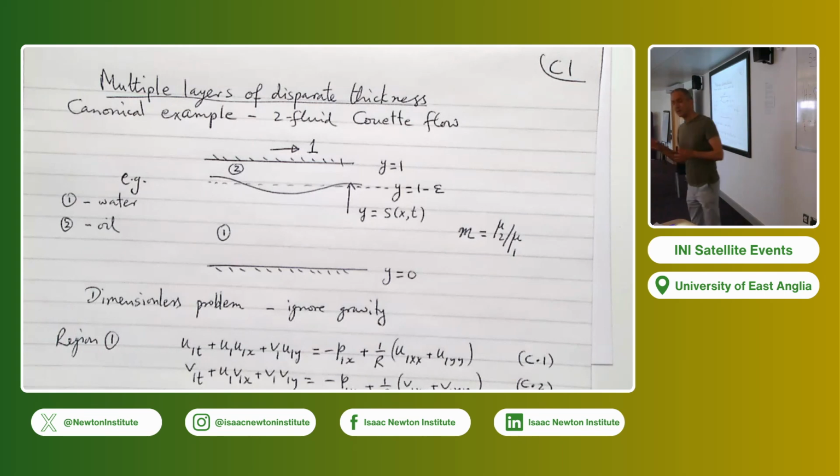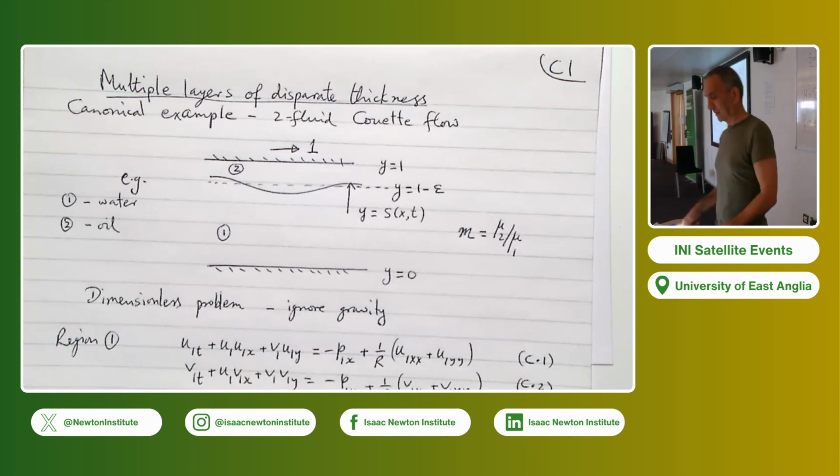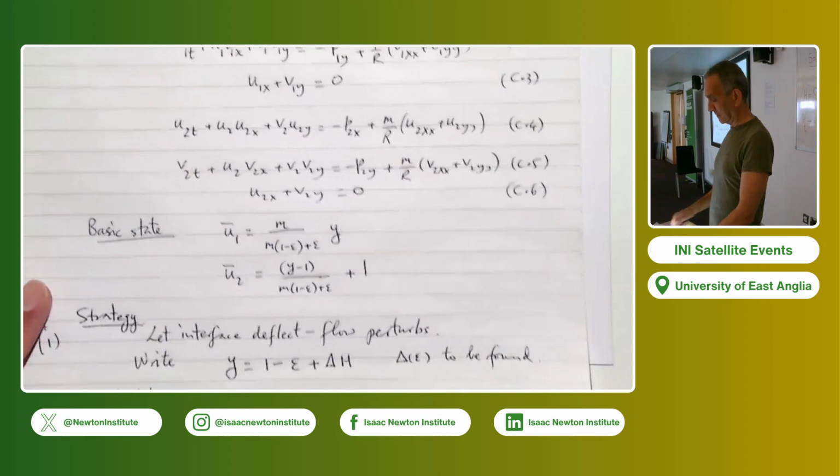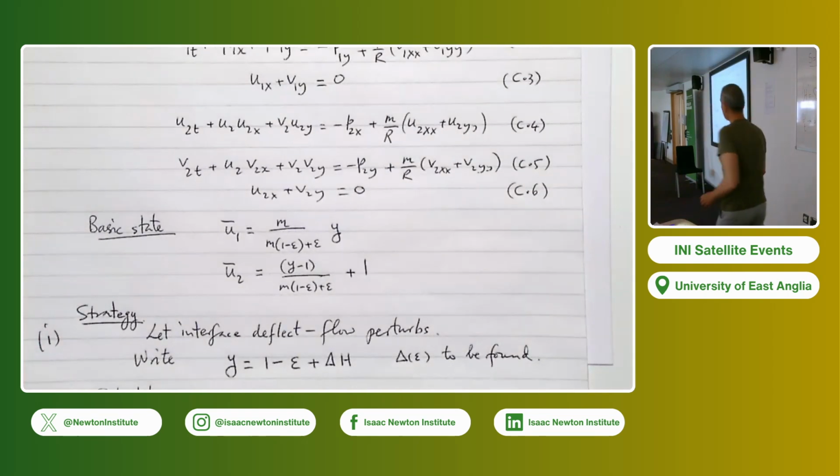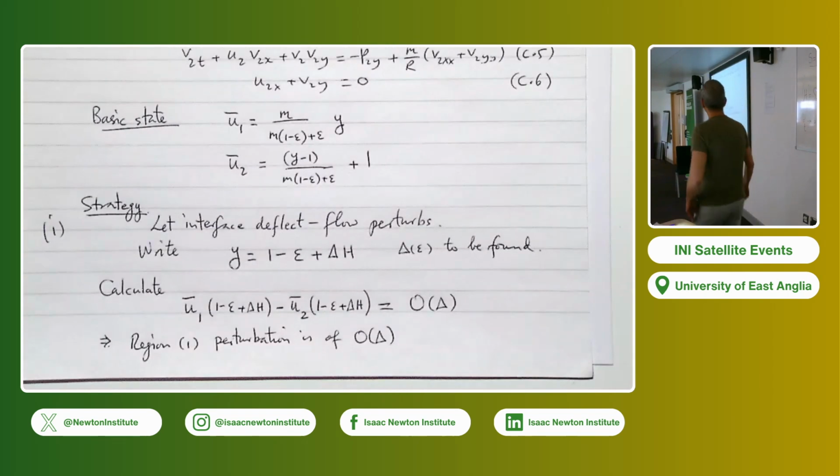So I want to deflect around that, as shown down here. I want to deflect the interface. So the position of the interface is at 1 minus epsilon, that's its mean value, plus big delta times h. I don't know what delta is. I need to find it.